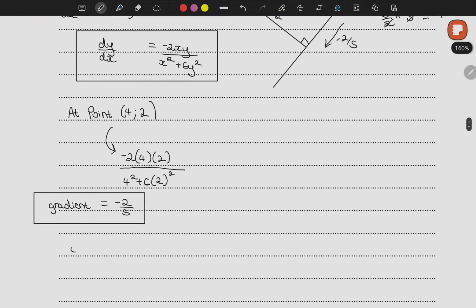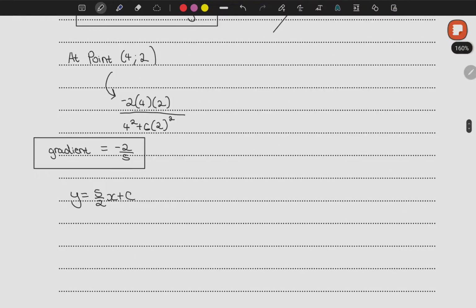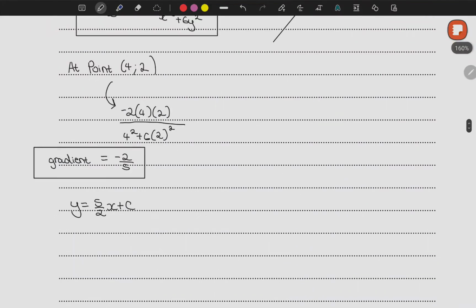So that means we know that y is equal to 5 over 2 x plus c. And we know our x and y coordinates, because they've given us 4, 2.